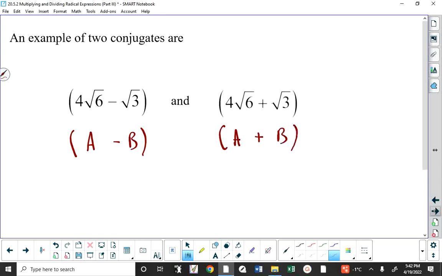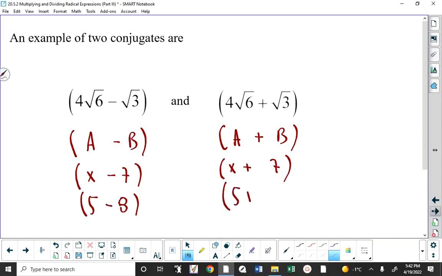They don't have to contain radicals. x minus 7 and x plus 7 are conjugates. 5 minus 8 and 5 plus 8 are conjugates. And it's important for you to note before we go on that they are conjugates of each other. It doesn't matter the order that I write these two things in, they are both conjugates of each other.